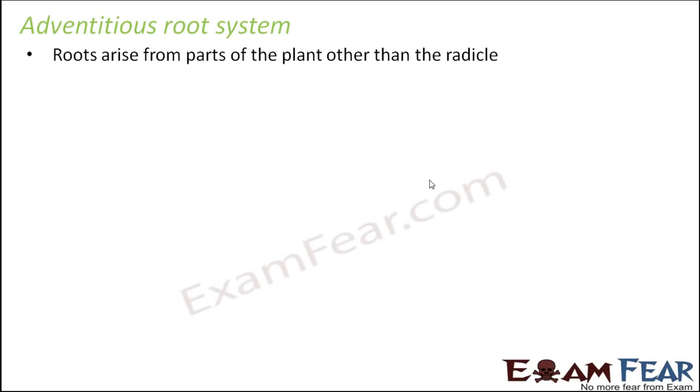That radicle will grow to form the root and the plumule will grow to form the shoot. That was our typical idea, but that is not the case. In many plants, the roots do not develop from the radicle. Instead, they develop from some other part of the plant. Those kinds of roots are known as adventitious root system.